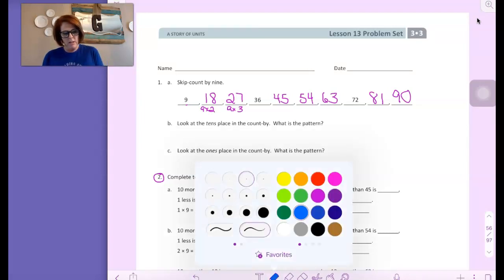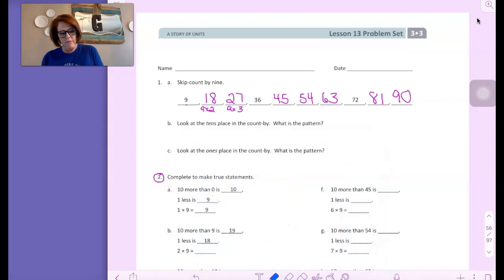Letter B says, look at the tens place in the count by. So let's take a look at the tens. We have 1, 2, 3, 4, 5, 6, 7, 8, 9 in our tens place. What is the pattern? It goes up or increases by 1 each time. And letter C says, look at the ones place in the count by.